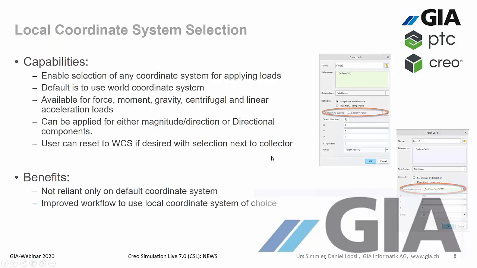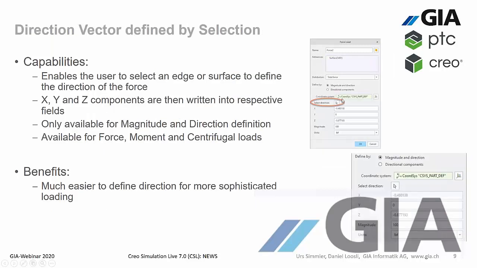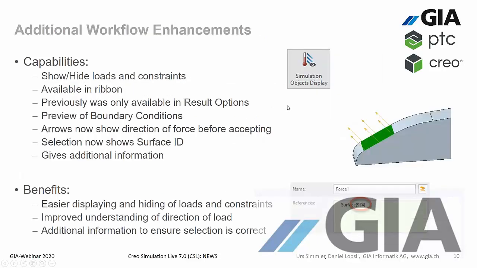So you can select them easily. And by the way, you can also specify a direction by selecting an edge, an axis, or a plane, and then automatically all the components will be taken for an easy definition of your loadings.